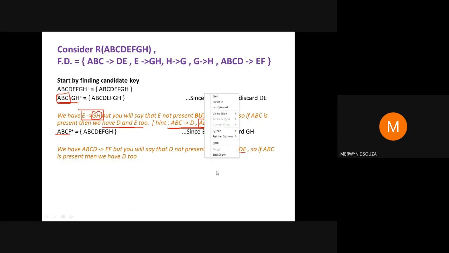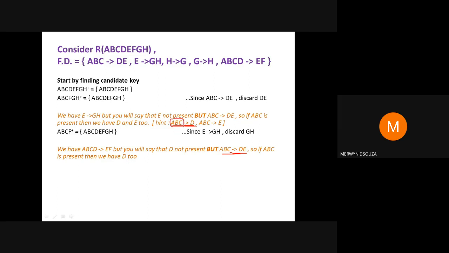Applying the splitting rule again, if ABC can determine D, only these 3 attributes are enough to determine D, then we don't need D here.